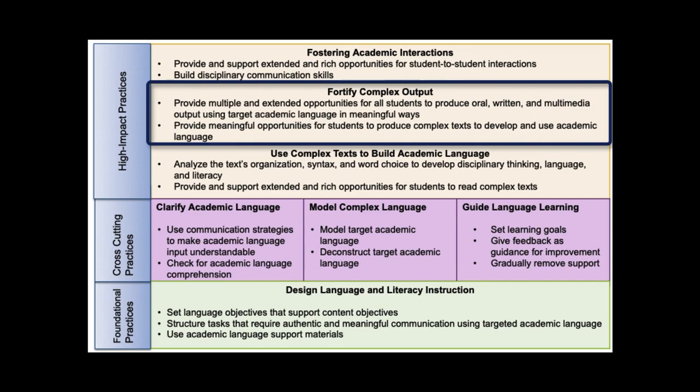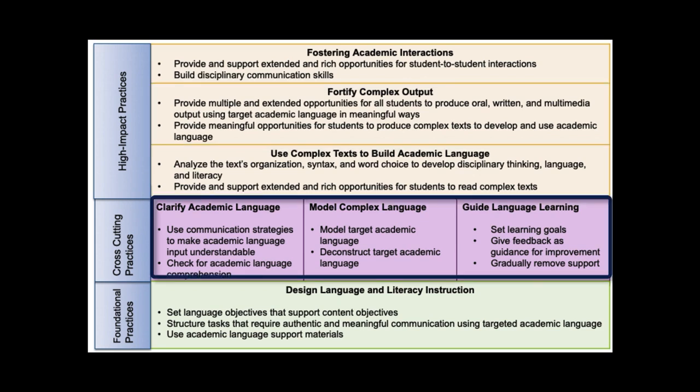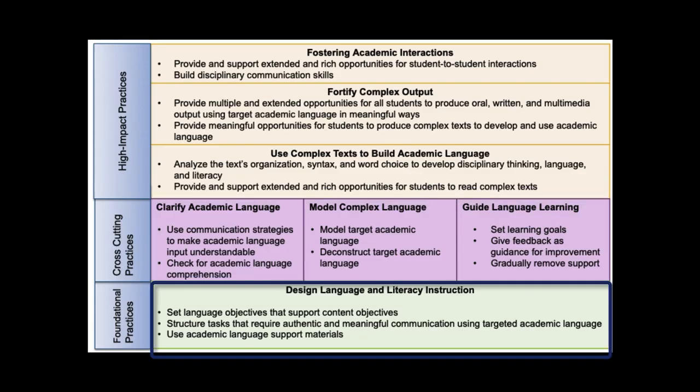This practice focuses on providing and supporting extended and rich opportunities for oral and written academic language output, all of which is meant to fortify content learning. The cross-cutting practices, clarifying, modeling, and guiding, along with the foundational practice, support the high-impact practice of fortifying academic output.